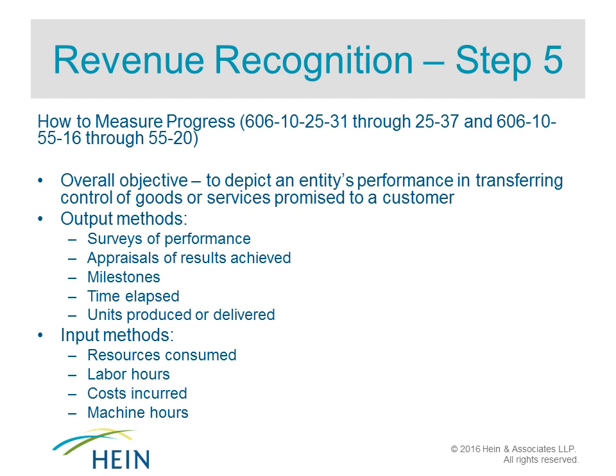Some of the output methods, though, are, you could do a survey of performance. You get appraisals of the results achieved. You may have milestones within the contract that indicate when revenue should be recognized, the time elapsed under the contract, or units produced or delivered.